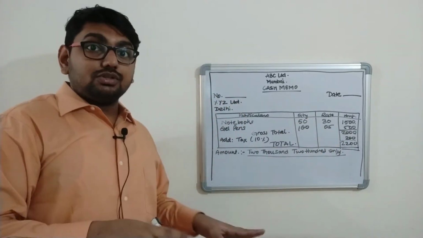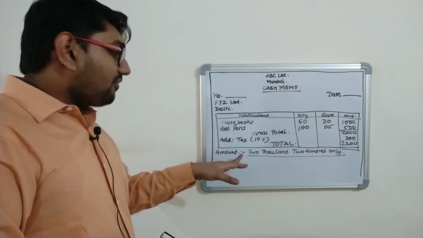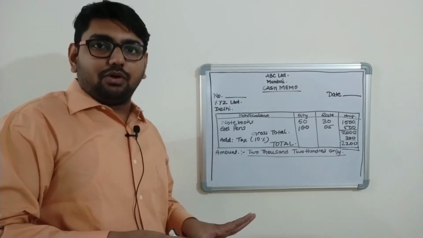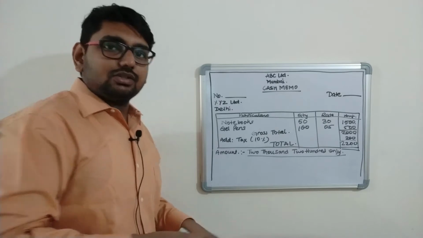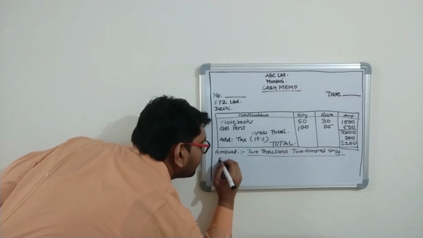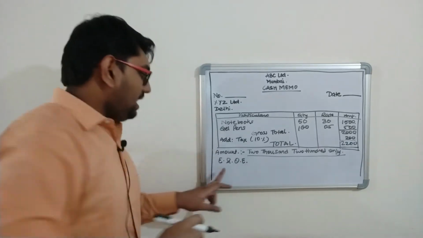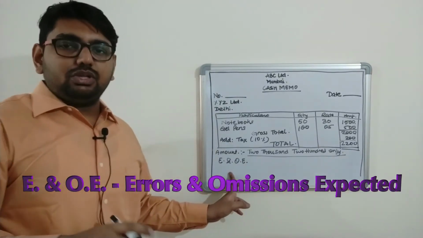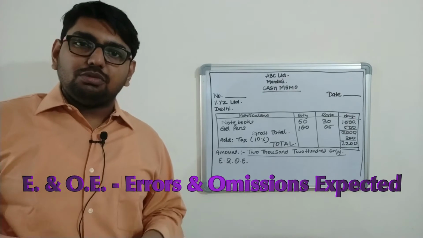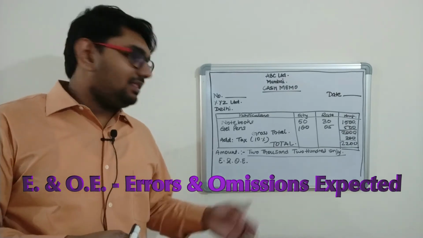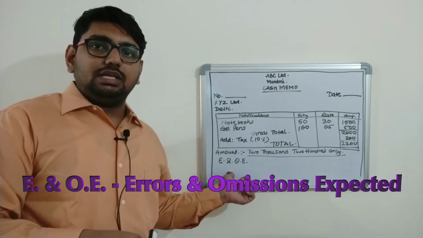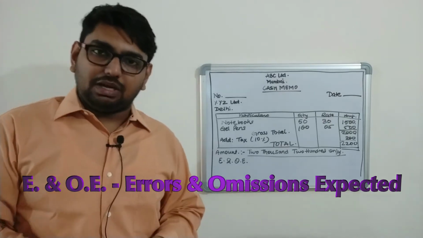Now we are very close to ending this document. After this, there is something very important that you are supposed to write, which is called E and OE, which means errors and omissions expected.